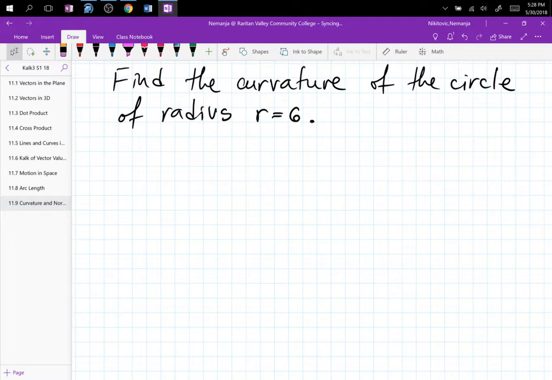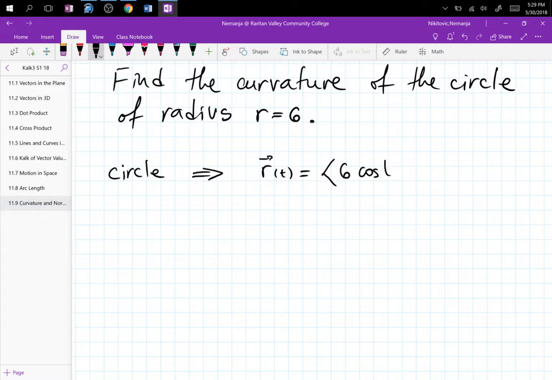Okay, let's take a look at this together. You will have to know how to parametrize. That is in chapter 10, studied in Calculus 2 at RVCC. So deal with that. You have my lectures on it. When you have a circle, the parametrization r of t is going to be, in this case, 6 cosine t, 6 sine t.